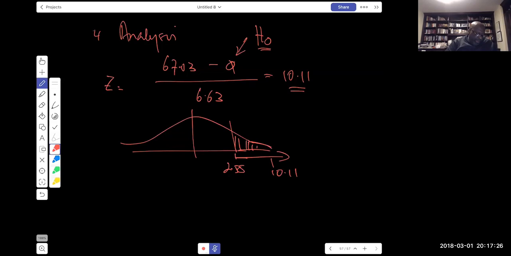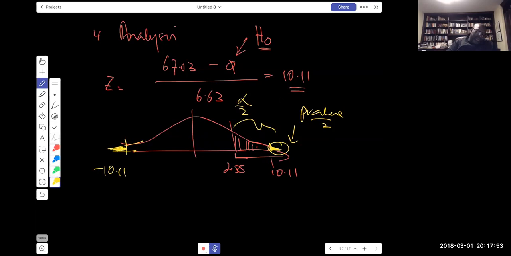Which means that the p-value, that little piece right here, is only half of the p-value. The same way that this was alpha over 2, this little piece would be p-value over 2. Where's the other half? The other half is down here, negative 10.11.